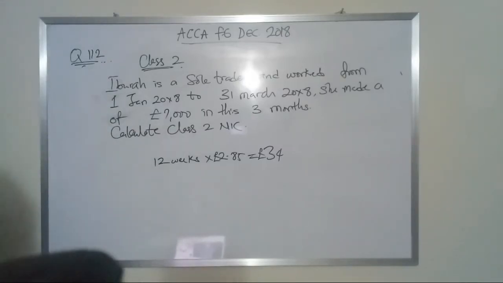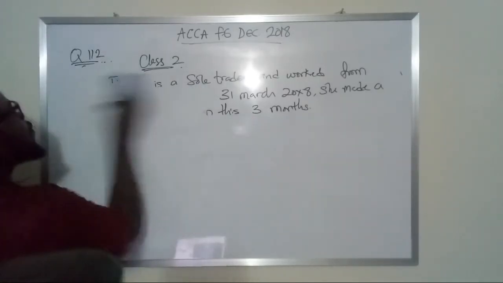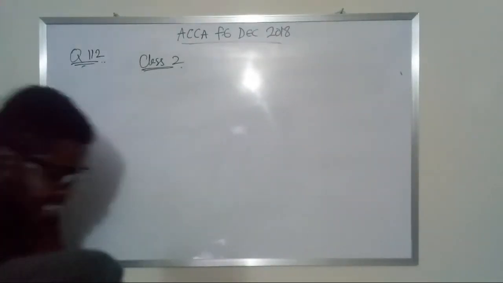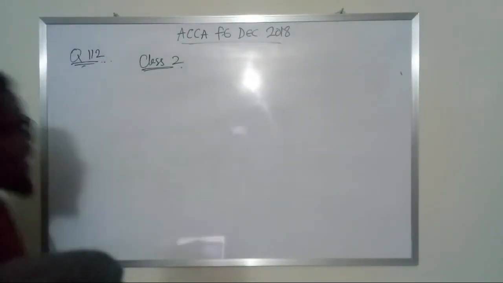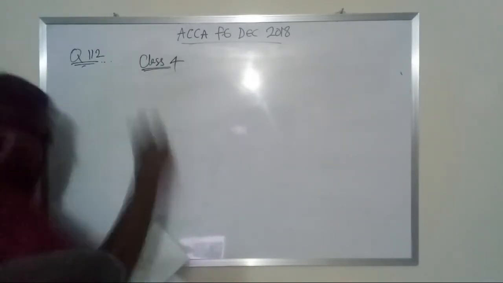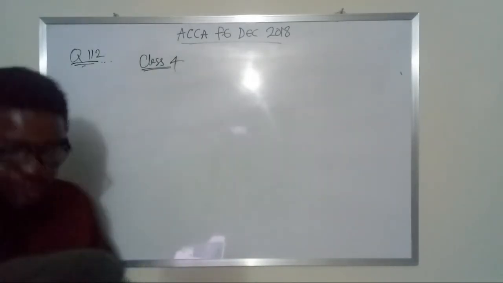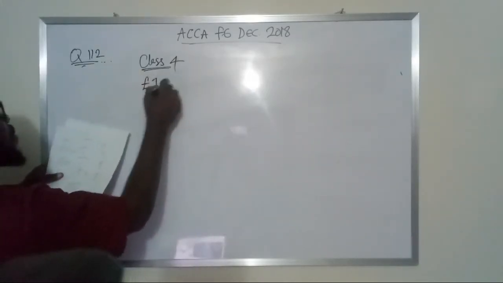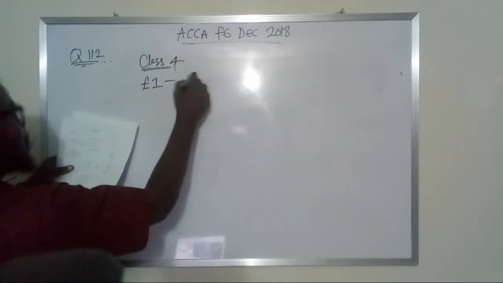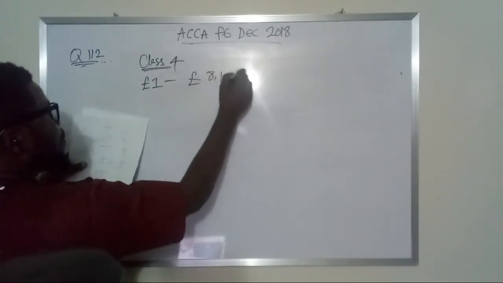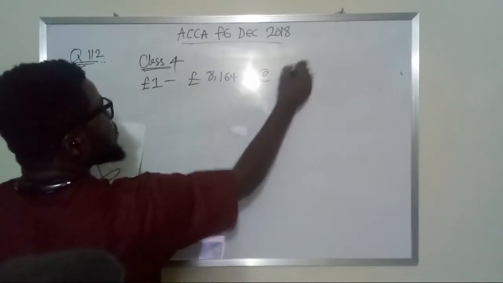Okay, now for class 4. Class 4 is done exactly the same way we did class 1. Just follow it. Class 4 has the same threshold, but different percentage. So 8,164 is at nil.